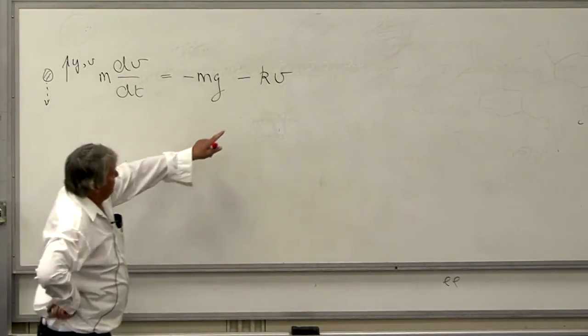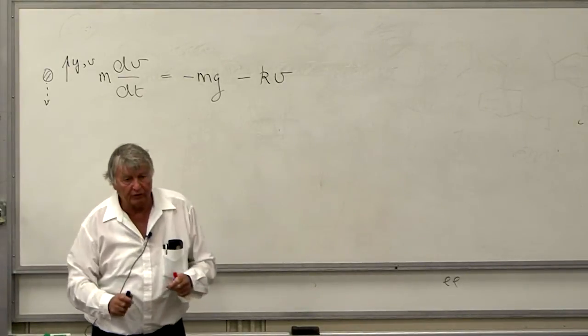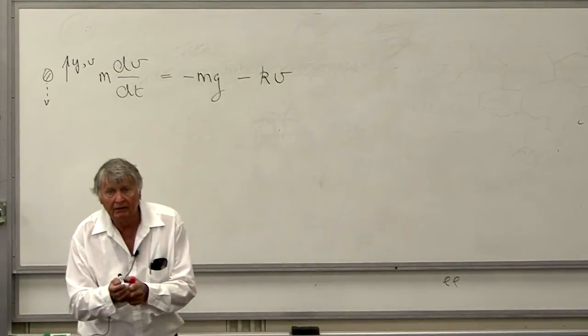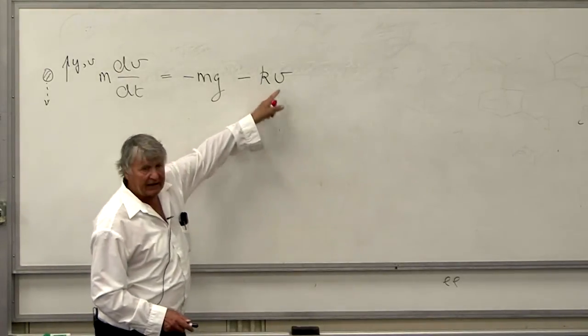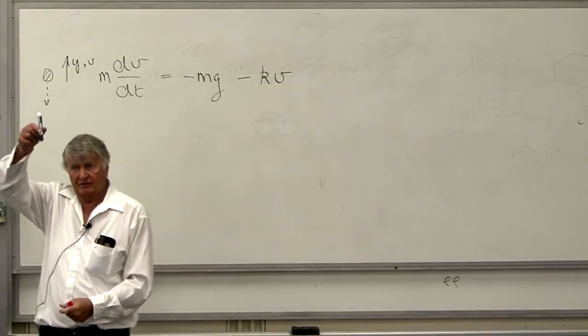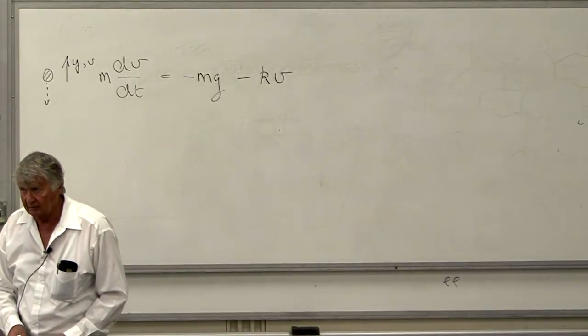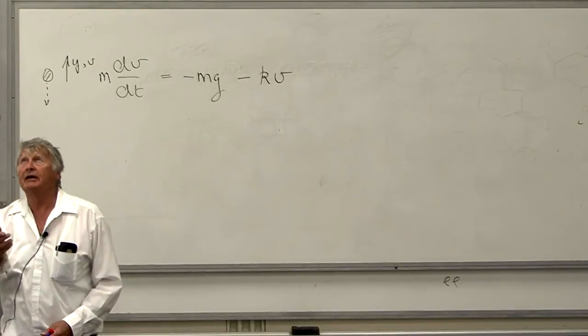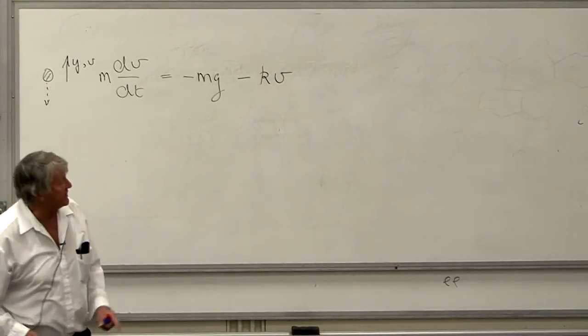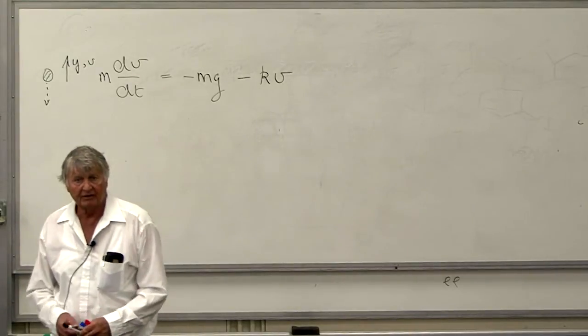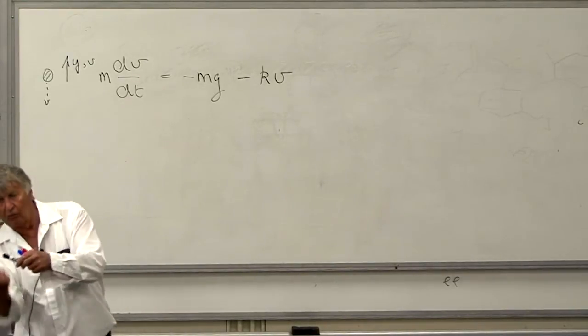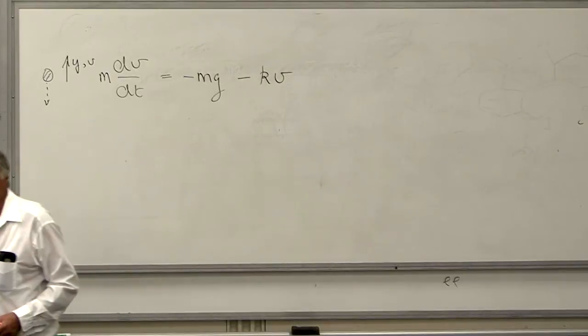Notice if you initially threw it up, v would be positive, minus kV would be negative, so the force would be down. When it's coming down, v is negative, minus kV is positive, so as it's coming down, the force acts counter to its motion.